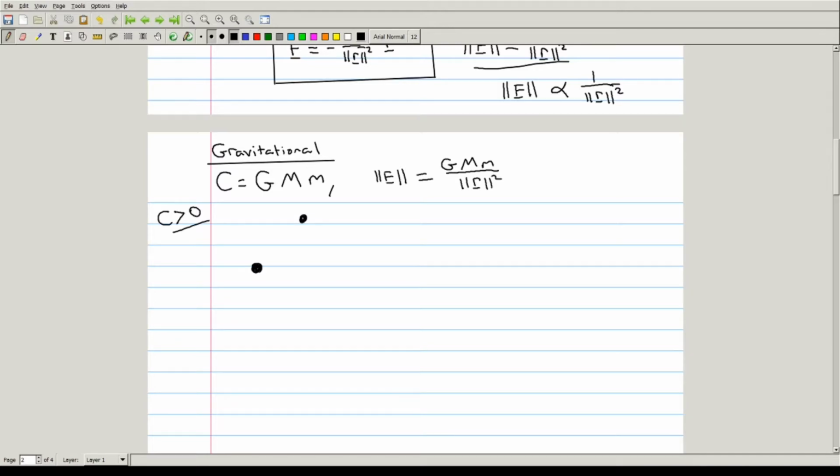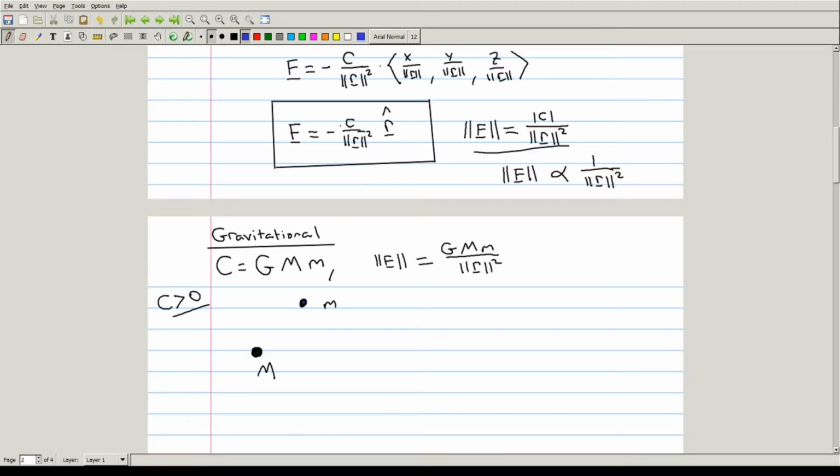And what this means is if this is mass m and this is mass m, then the force vector will be pointing in the direction of negative r hat. So in this direction right here.